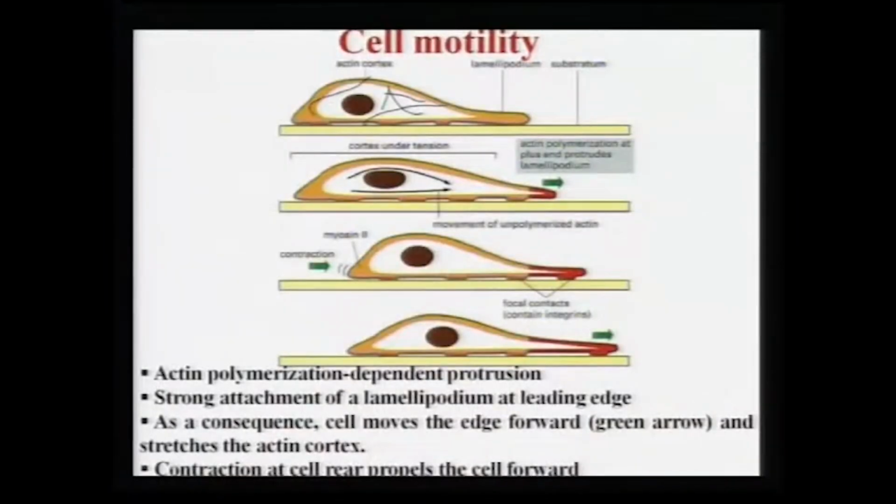That is possible because of cytoplasmic reorganization, the polymerization and depolymerization, disassembly and reassembly of the actin filaments in the cytoplasm. These are all actin filaments in the cytoplasm.